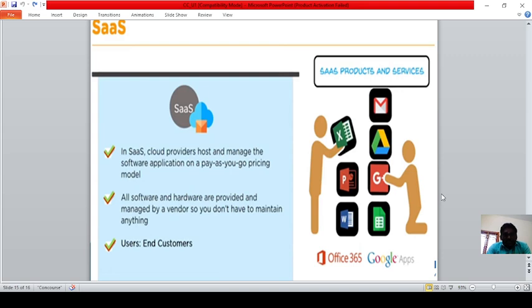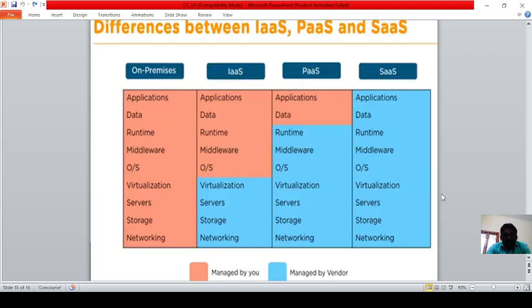Next, we have the difference between IaaS, PaaS, and SaaS. Assume your applications are on-premises. Then you have to maintain applications, data, runtime environment, middleware software, operating systems, virtualization, servers, storage, and networking.